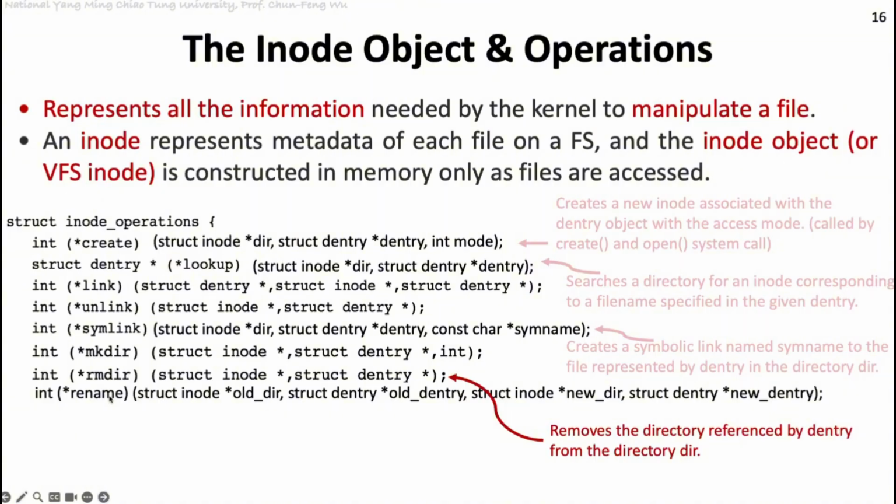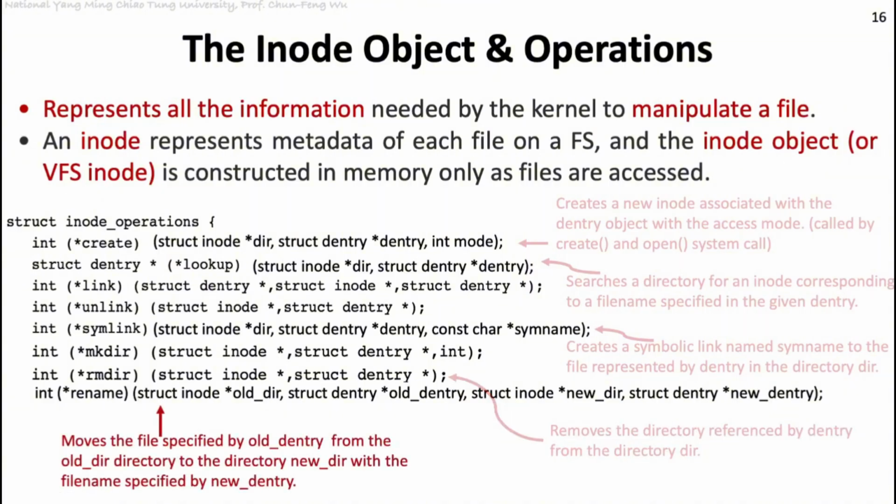Okay. The rename function is quite special for you to know. When we are using Windows, or Linux without a command line, rename is just typing the name of the file and typing a new name. But in the implementation of Linux, it does not directly modify the name inside the dentry.